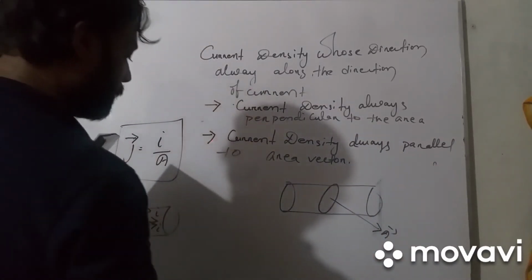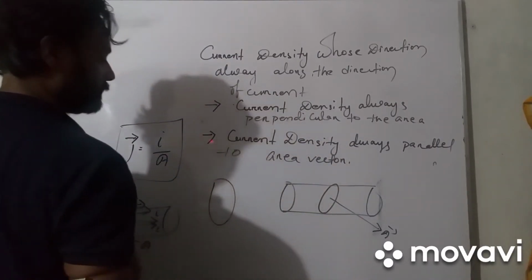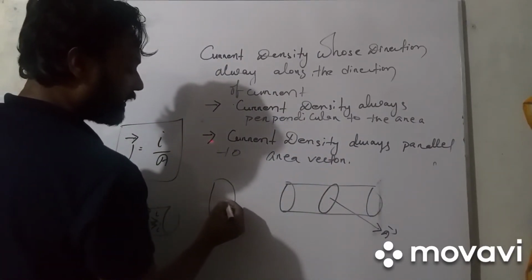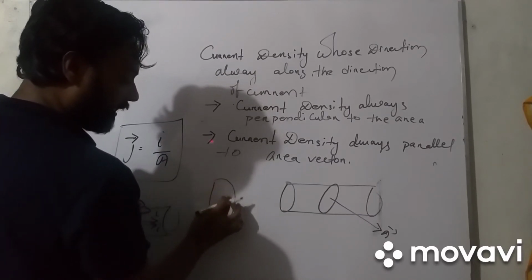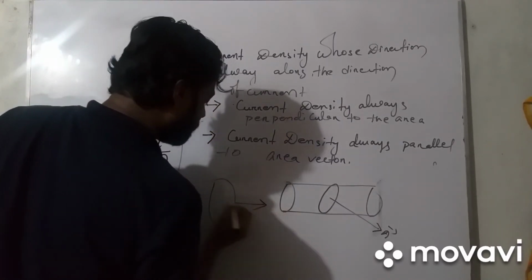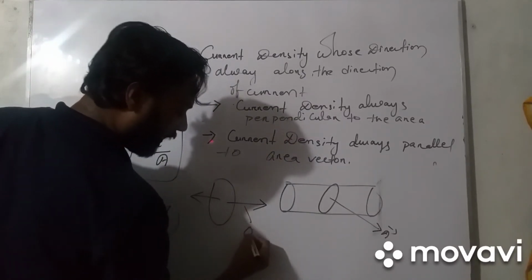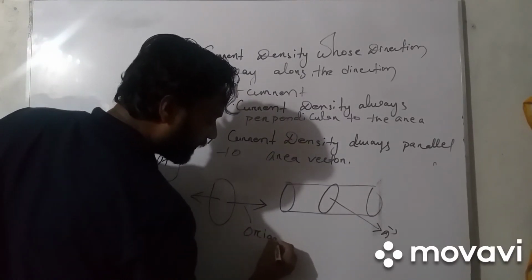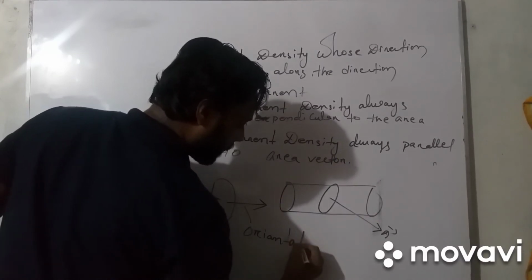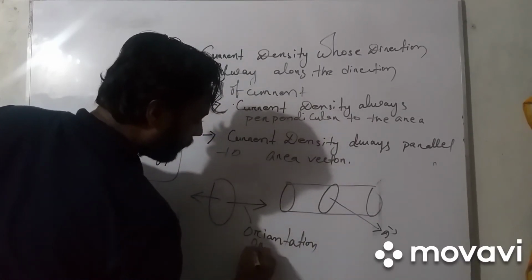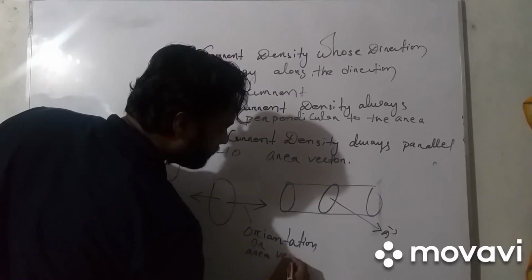Suppose this is the area whose orientation is facing in that direction, so that represents the orientation or area vector.